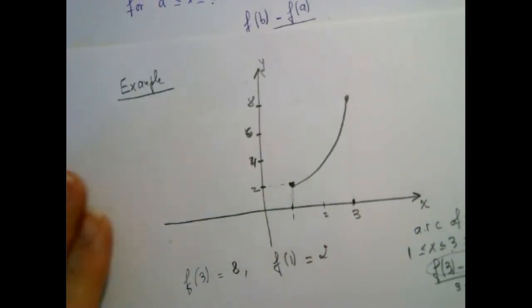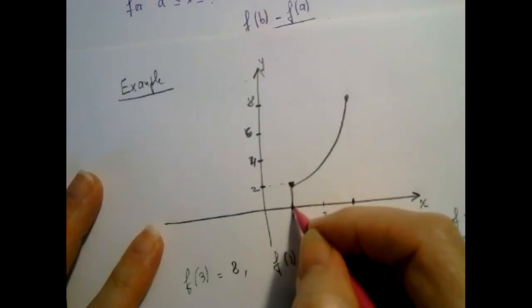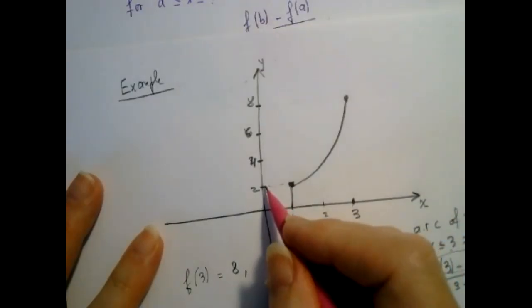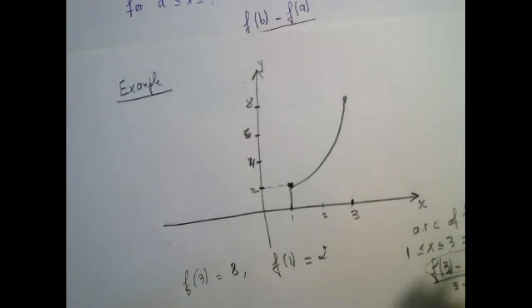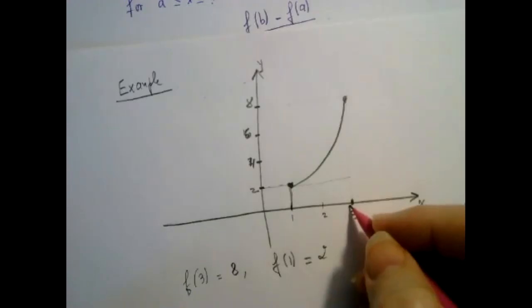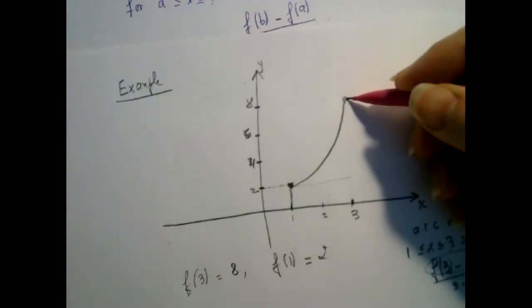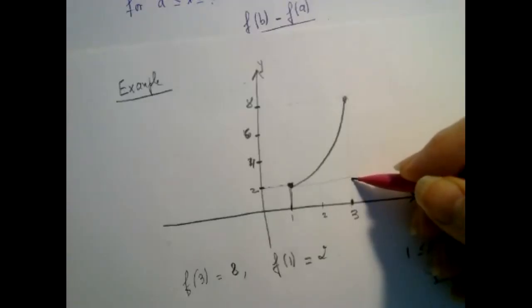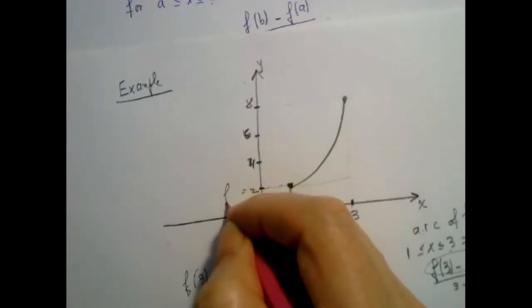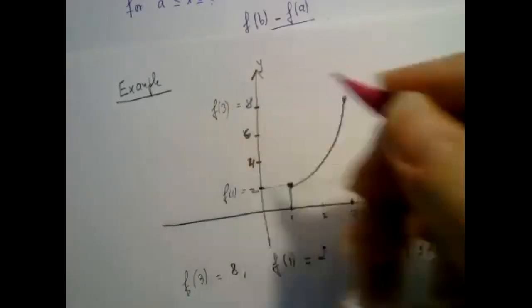I want you to listen to me. f of 1 is the value of the function at 1, so it's this 2. f of 3 is the value of the function at 3. So I'm going to take the value of the function at 3, take away the value of the function at 1.